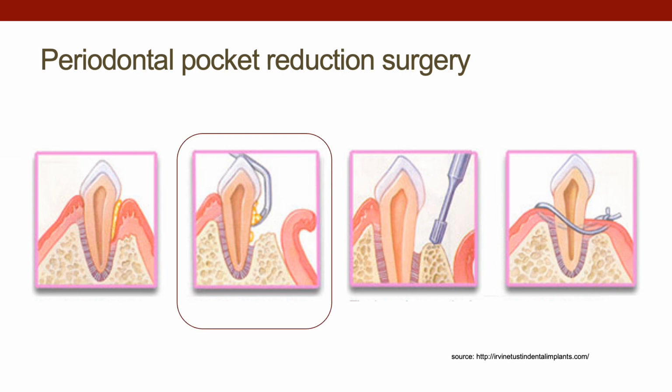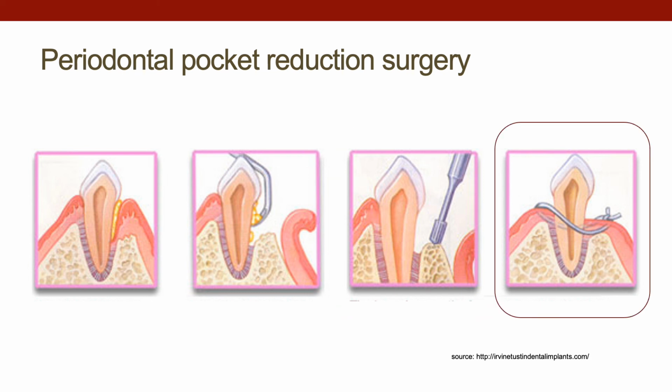And in periodontal surgery, you might pull back the gum and scrape off the tooth and clean off the bone and so forth, and reattach it and hope it heals properly.